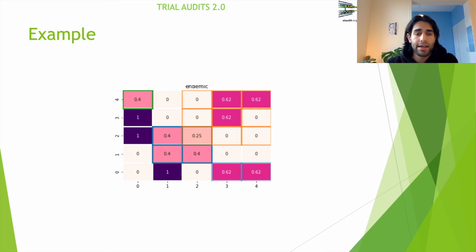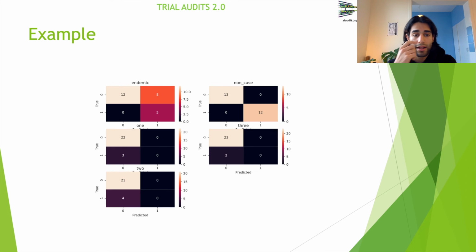All the signals are then used to calculate P hat of D_i given X, and then you can compare both, and the result is something like a confusion matrix.